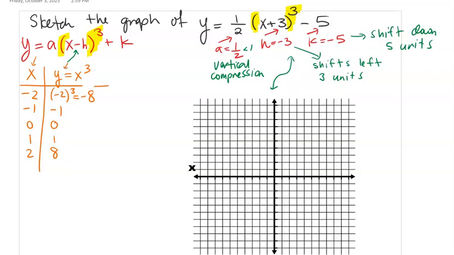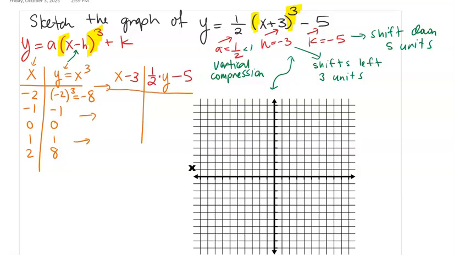Then what I'm going to do is transform those points by multiplying a to the y values, adding k to the y values, or in this case subtracting 5, and then adding h, which is negative, to the x coordinates.